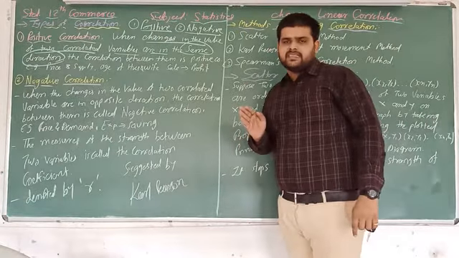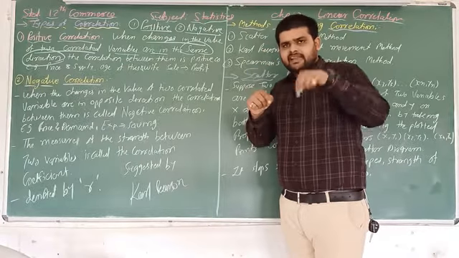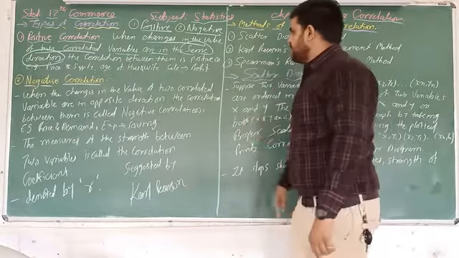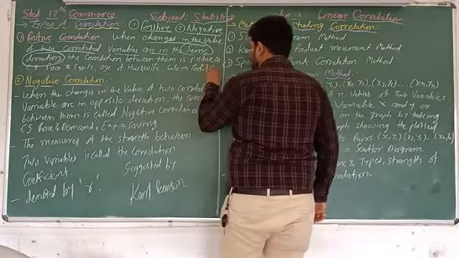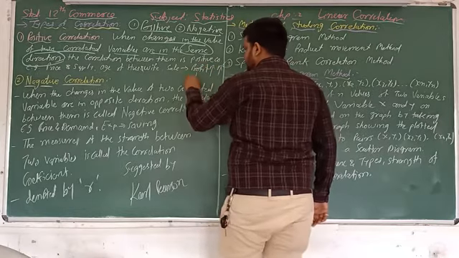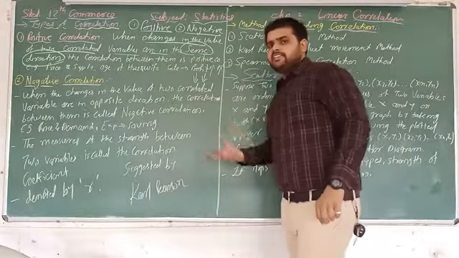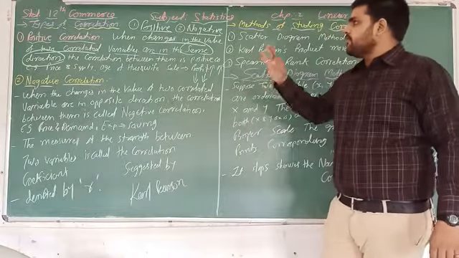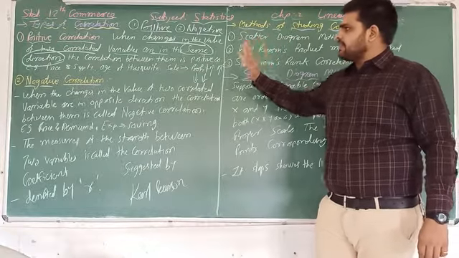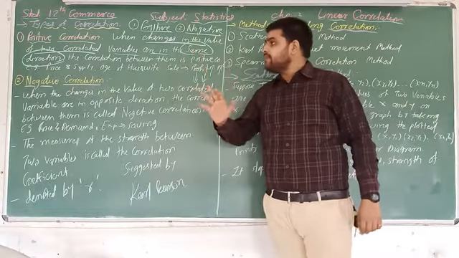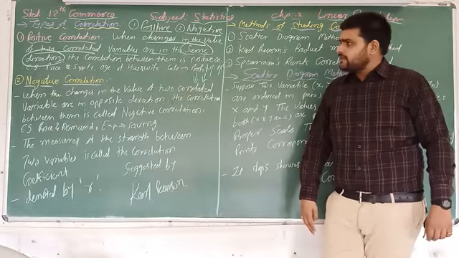Same direction means that if one increases, the second also increases, and if one decreases, the second also decreases. That is called positive correlation. Once again, when the changes in the values of two correlated variables are in the same direction, the correlation between them is a positive correlation.